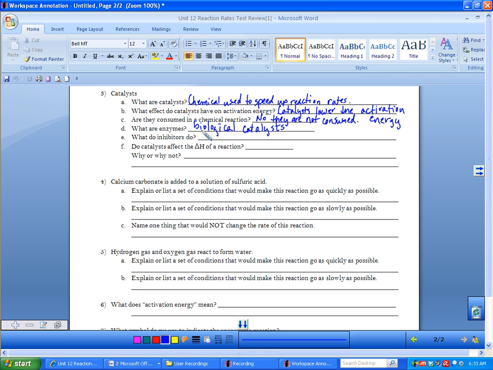Inhibitors. What does an inhibitor do? An inhibitor blocks the action of the catalyst.